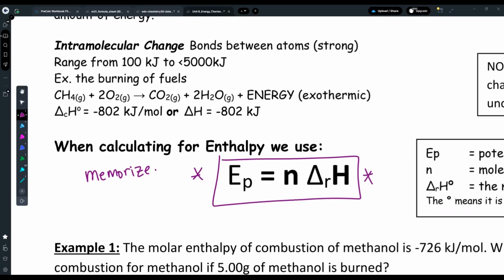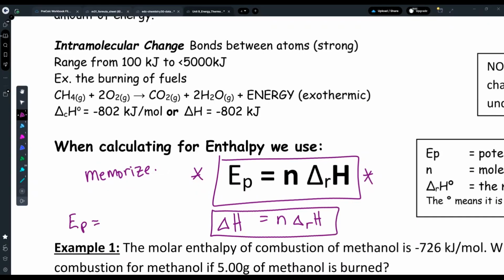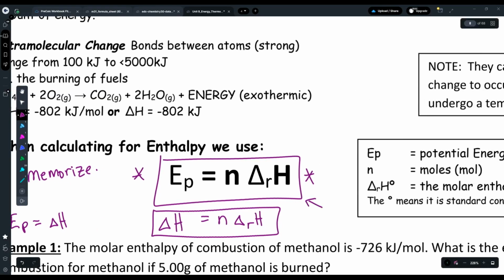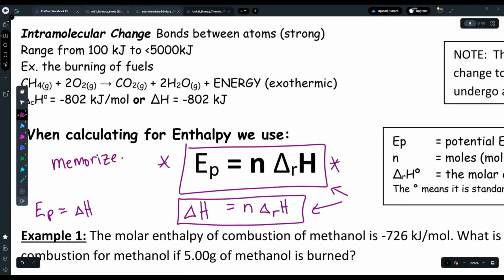Potential energy can also be represented by change in enthalpy, so change in enthalpy is equal to moles times the molar enthalpy of reaction. Just be aware that potential energy is equal to change in enthalpy, so that's why we can say that these are the same equation.